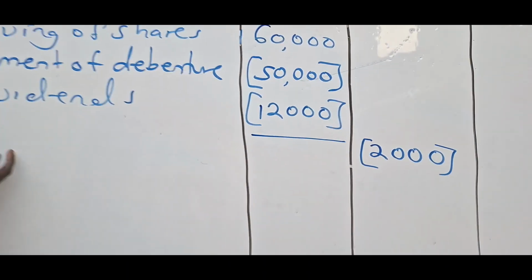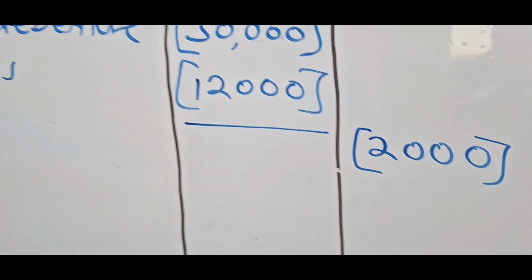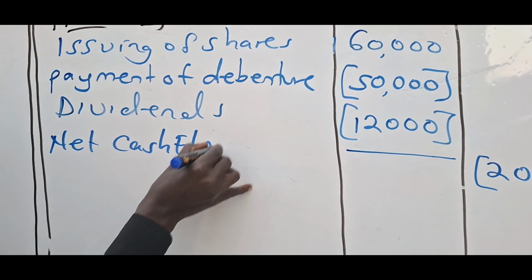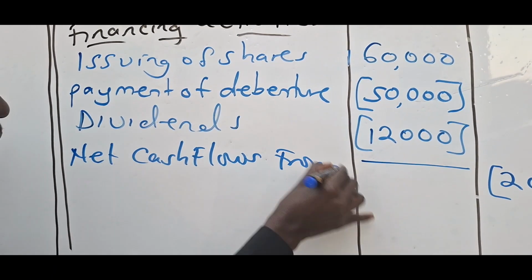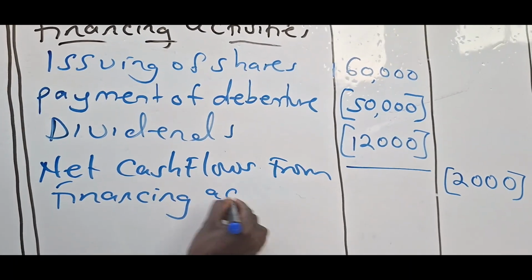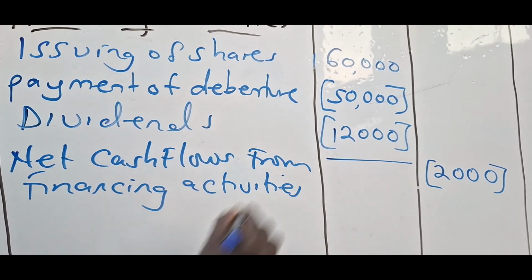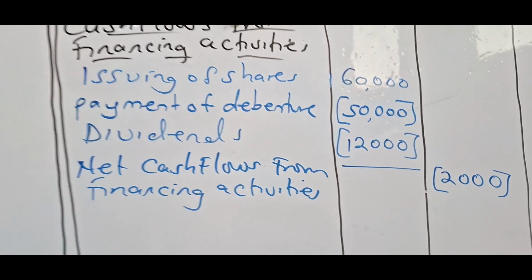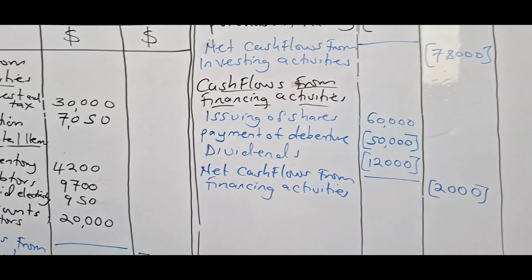Then this is called net cash flows from financing activities.